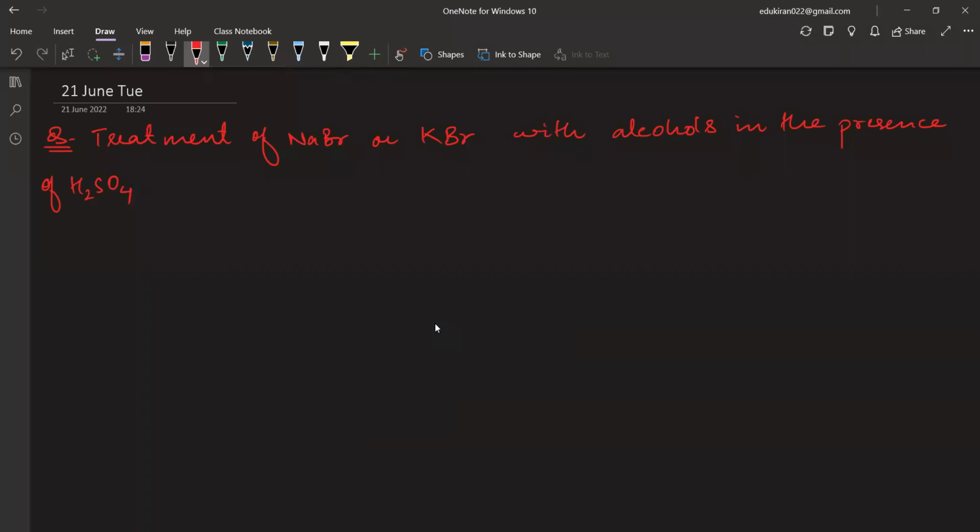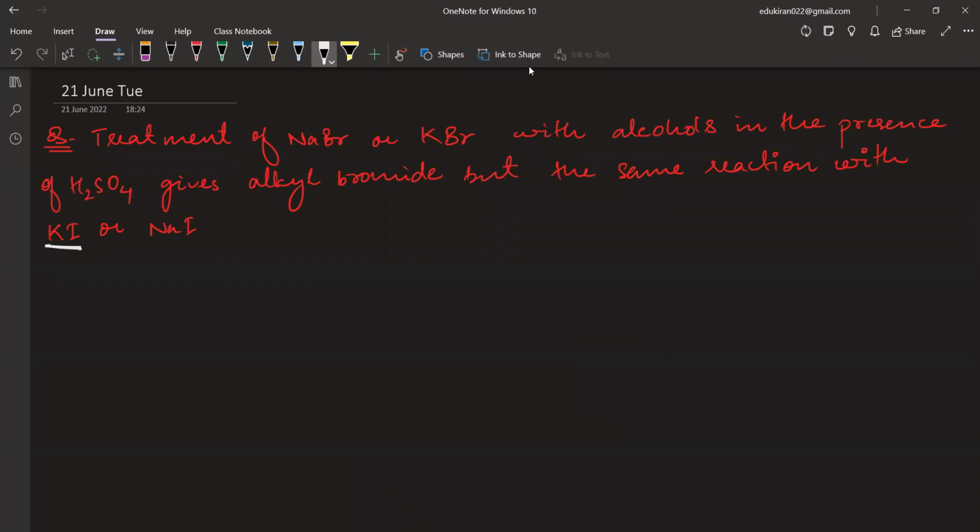H2SO4 gives alkyl bromide. But the same reaction with KI or sodium iodide.